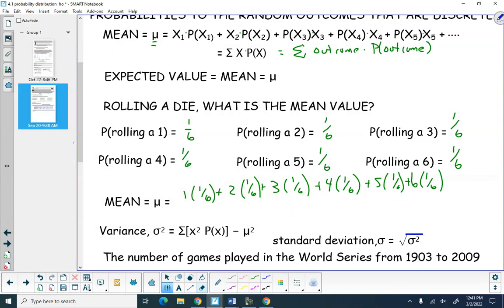We are just taking the outcome and multiplying it by the probability of the outcome. So we have 1/6 plus 2/6 plus 3/6 plus 4/6 plus 5/6 plus 6/6.